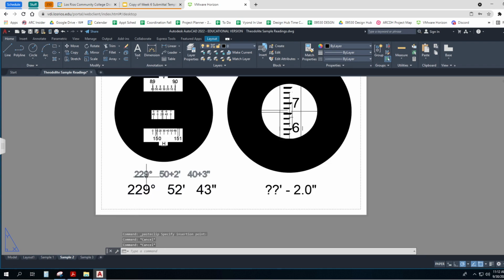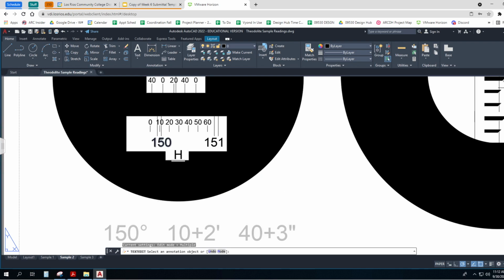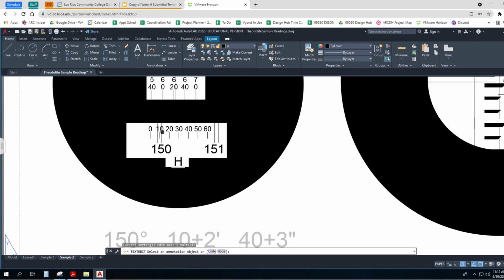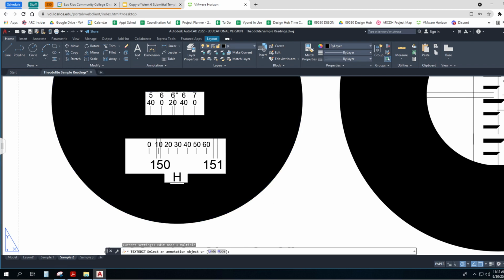So I know that this is actually 150. And this is 10 plus something, right? 150, 10 minutes plus 6. This line is best represented by these 6s. 150 degrees, 10 plus 6, 16 minutes.